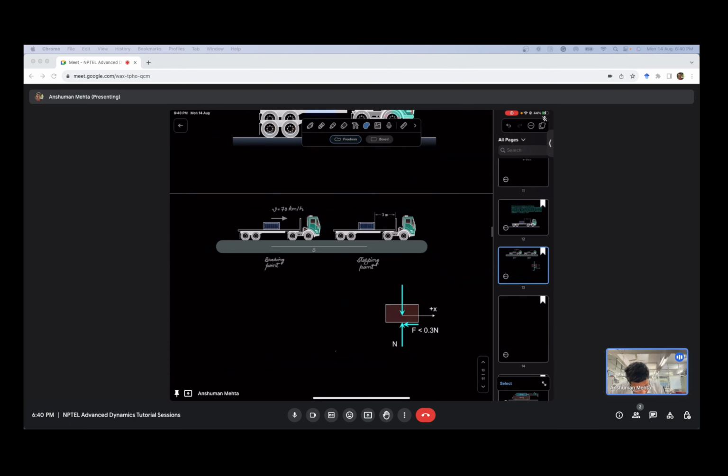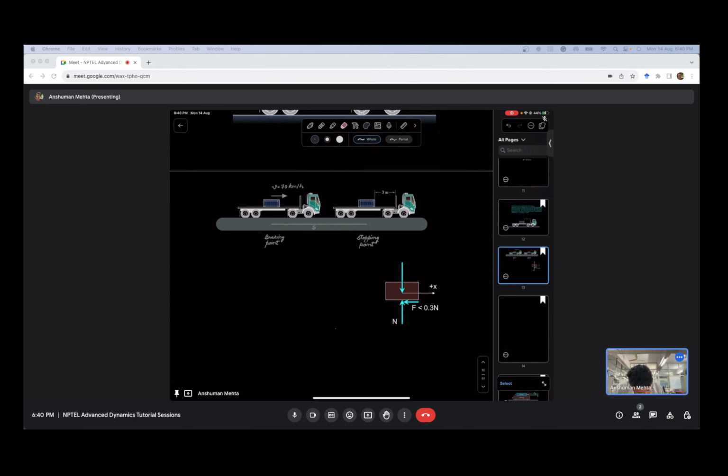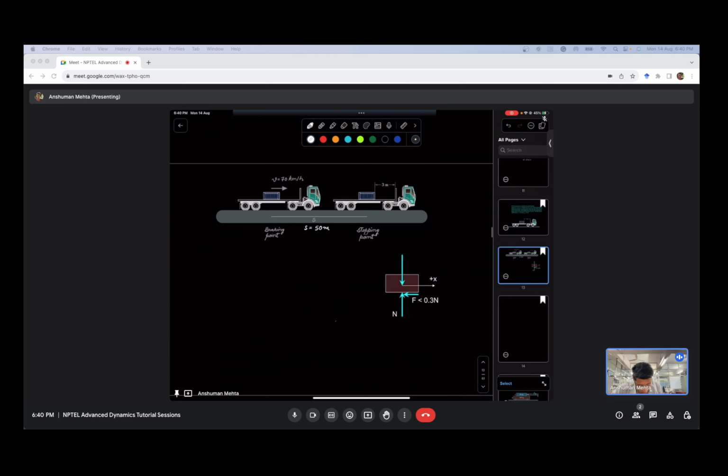Now we know that the stopping distance s is equal to 50 meters, which is actually less than 64.2.